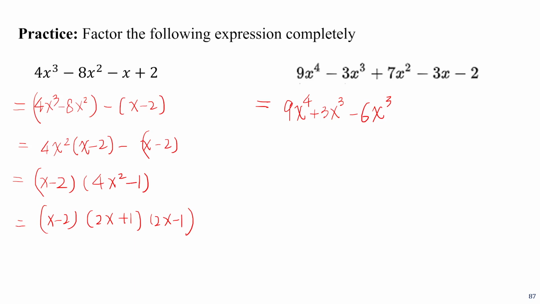Then note that the ratio of the adjacent coefficients of the first two terms is 3/1, right? So to ensure a 3/1 to the next two terms, you need to add a negative 2x squared. So in this way you have a 3/1 ratio, right? And note that in the original expression you have a plus 7x squared, so you need to add a plus 9x squared.